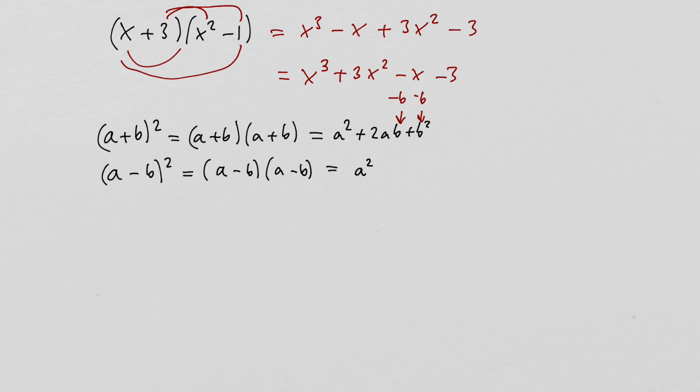Well, we would get minus 2ab because there is just one minus sign, and on the other hand minus b squared is b squared, so we would just get b squared. We got another calculation rule. The next rule would be the difference of squares. So if we have (a minus b) times (a plus b), you can check the details, but if we calculate what this gives, it gives a squared minus b squared.